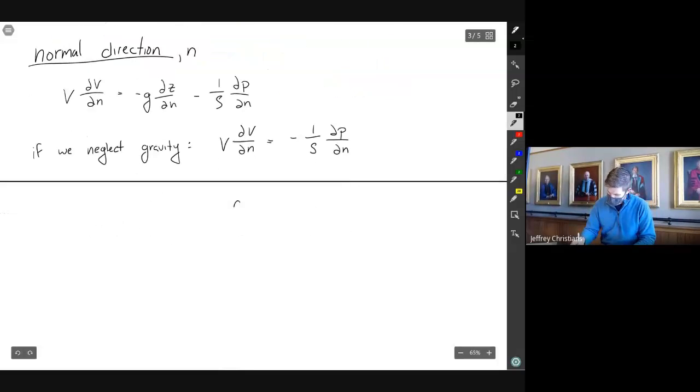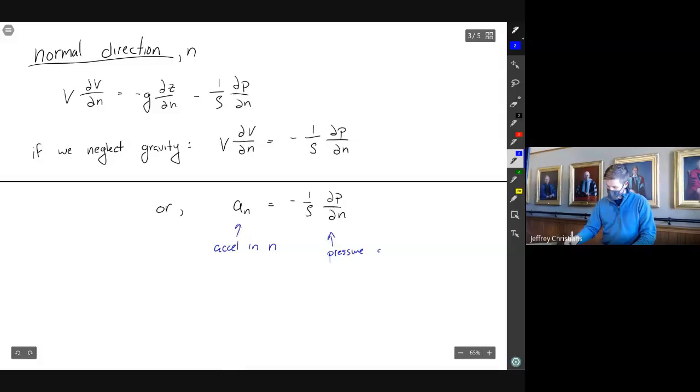Again, acceleration in the normal direction is equal to minus 1 over rho d pressure dn. This is the acceleration in the normal direction, and this is the pressure gradient in the normal direction.